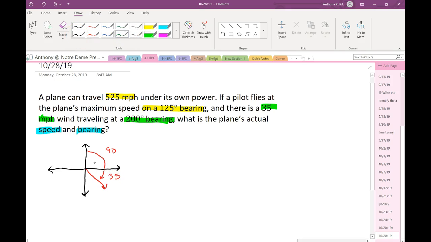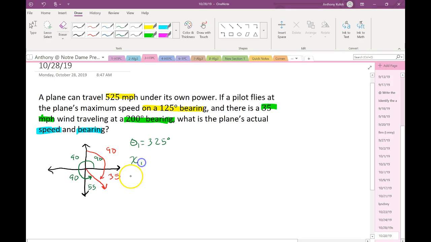So I now need to figure out my standard position angle. So doing that, I have 90, 90, 90, and then the complement of 35 is 55. So 90 plus 90 plus 90 plus 55 is 325.